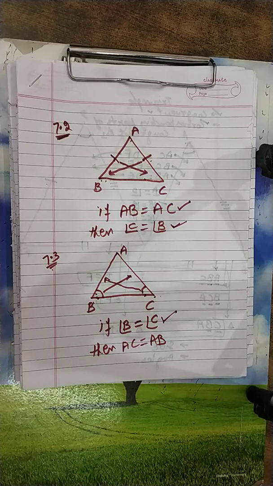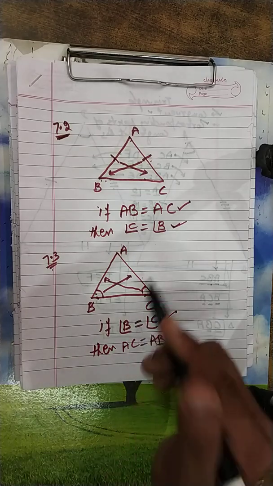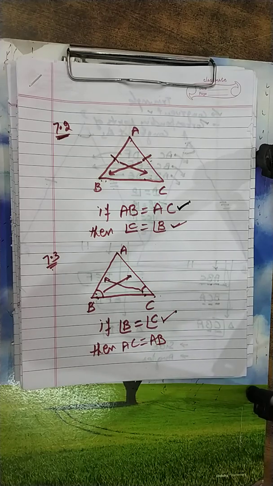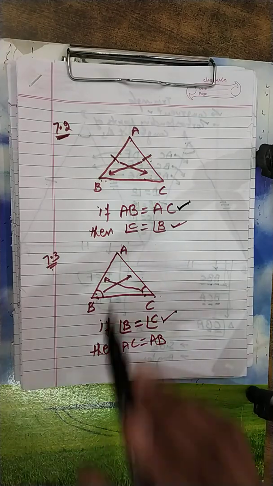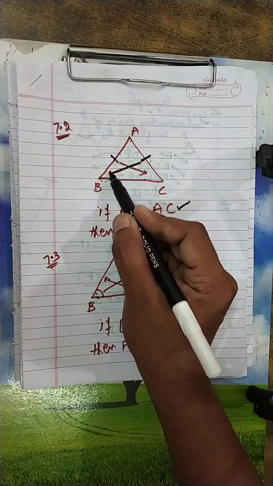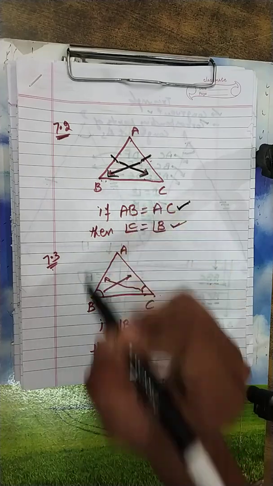Now listen. What is theorem 7.2? Angles opposite to equal sides of an isosceles triangle are equal. What is an isosceles triangle? One whose two sides are equal. It means the theorem says that if two sides are equal in one triangle, I am talking about one triangle only, not two different triangles, then their opposite angles are also equal.